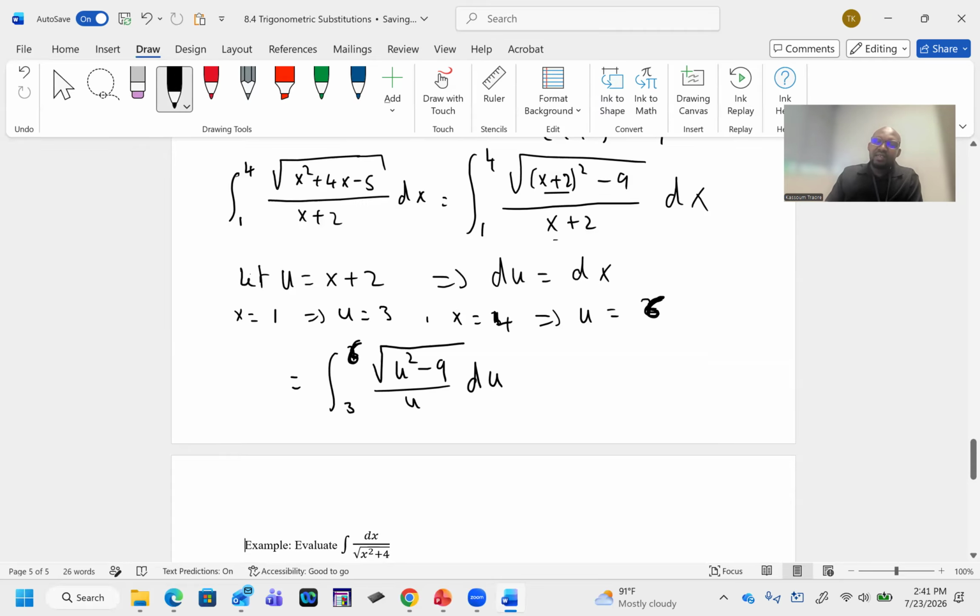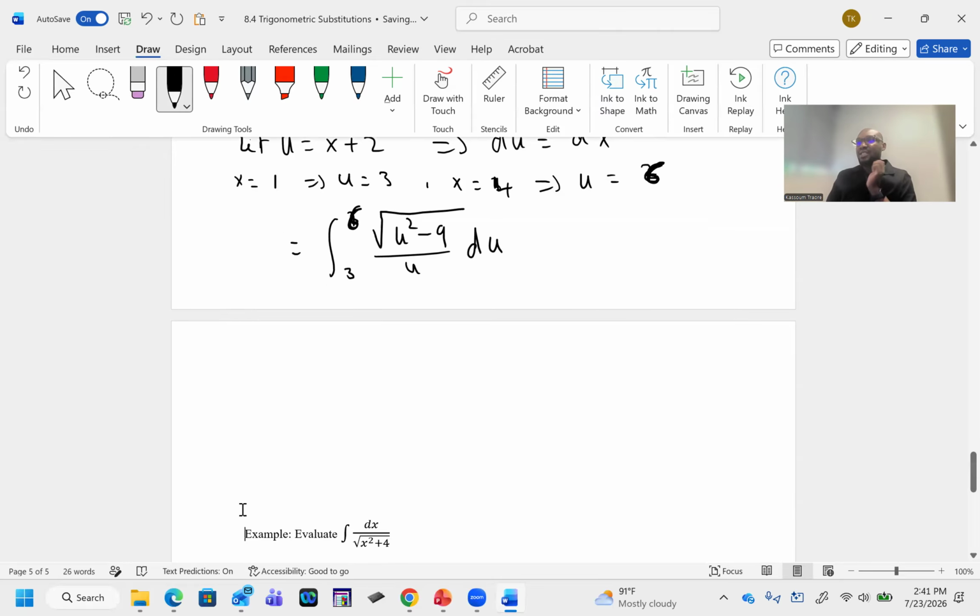I cannot still integrate this one, because inside the radical now, what term do we have? We have u squared minus 9, which is the form of u squared minus a squared, where my a is 3, right?